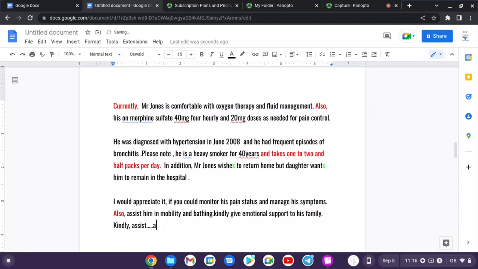We already used as well as in the last sentence, so along with providing emotional support to his family. Okay, so that's the completion of your letter.